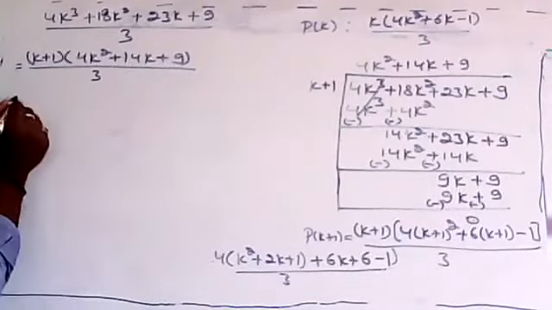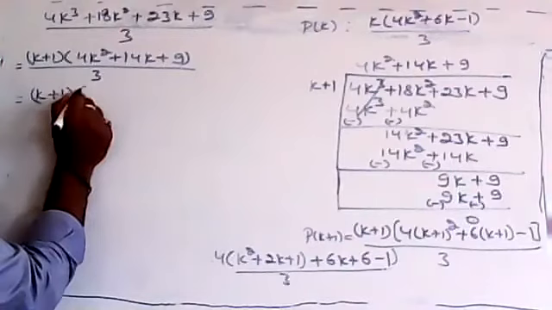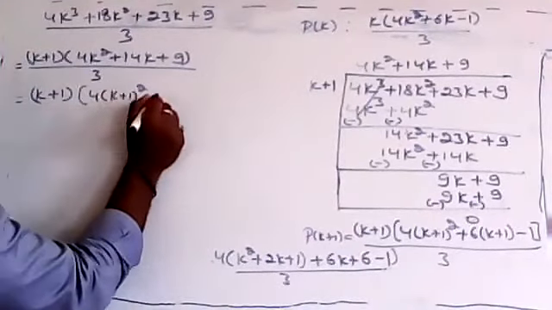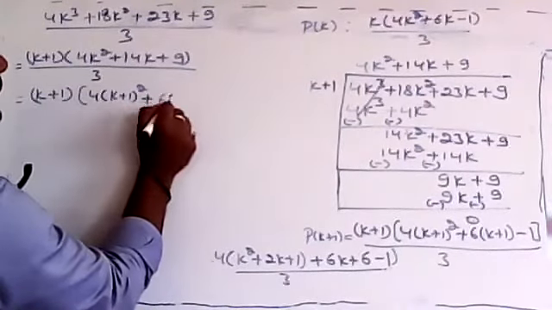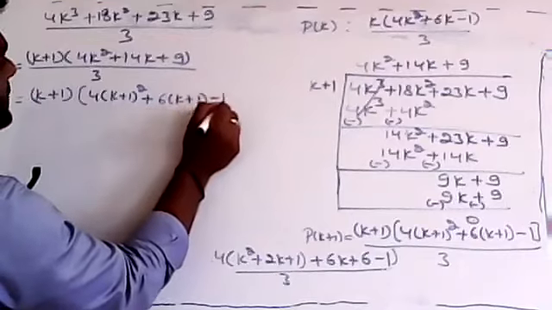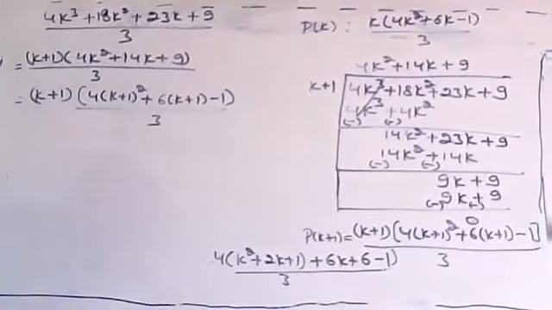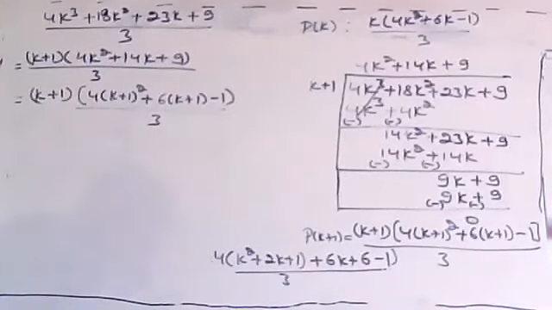Just we have to write this one as what? (k plus 1) into [4 times (k plus 1) the whole square plus 6 times (k plus 1) minus 1] by 3. Okay, clear?